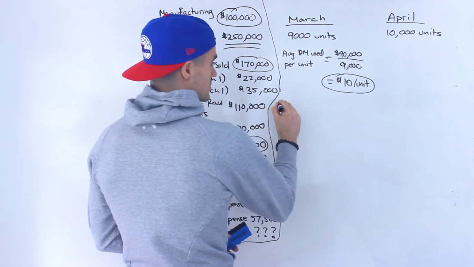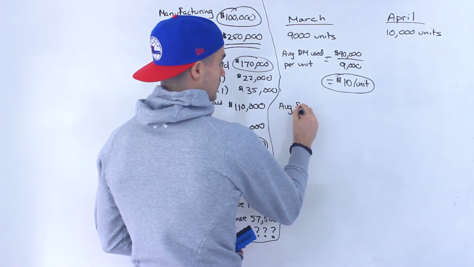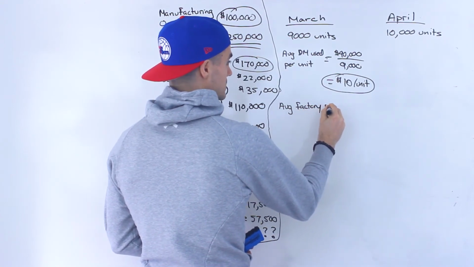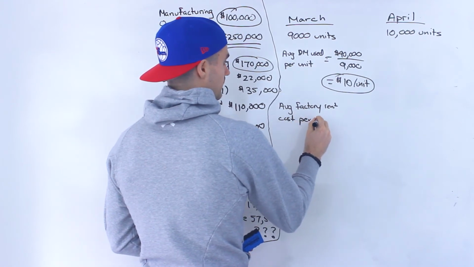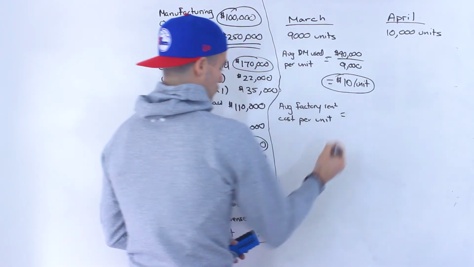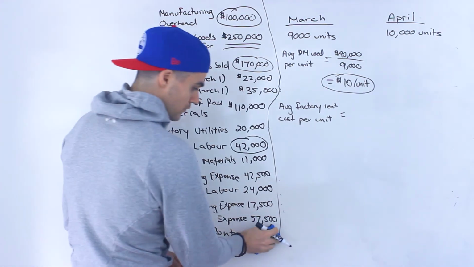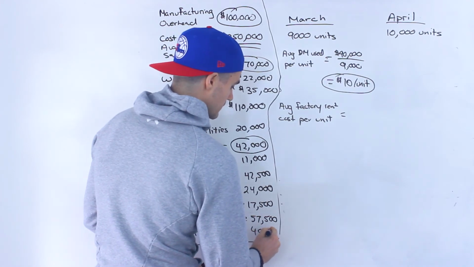And then we're also asked to get the average factory rent cost per unit. And if you remember, on that statement of cost of goods manufactured, we actually solved for this and we got 45,000.